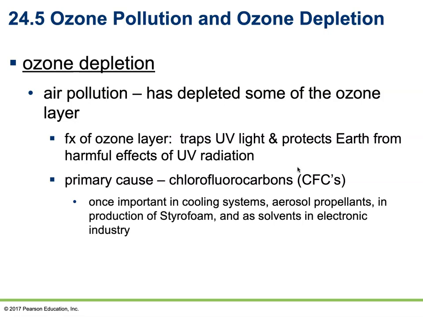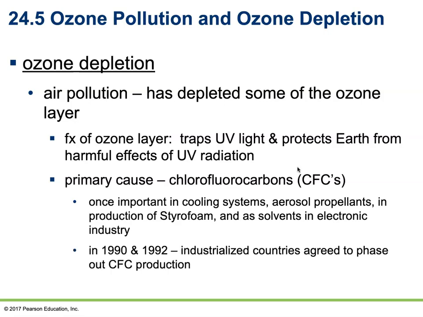They used to be really important in cooling systems, aerosol propellants, the production of styrofoam, and as solvents in the electronic industry. Between 1972 and 1990, industrialized countries agreed to phase out CFC production, which is good. The situation is improving. That ozone layer is slowly starting to come back, but it's going to be a very long uphill battle.